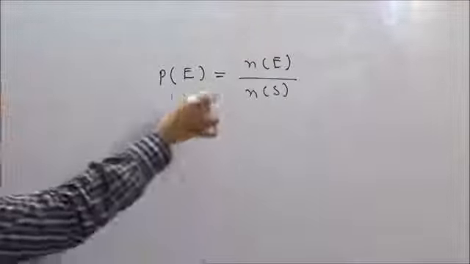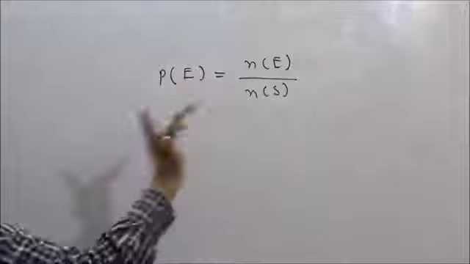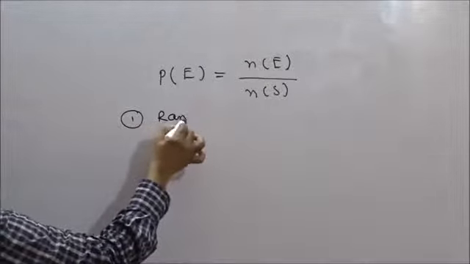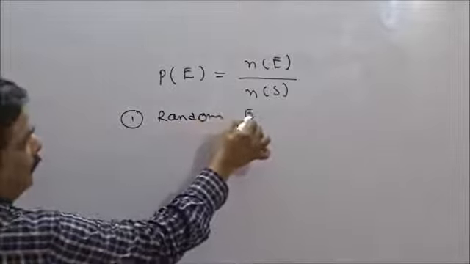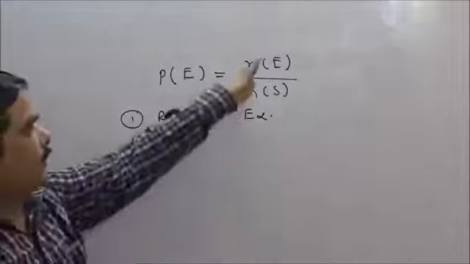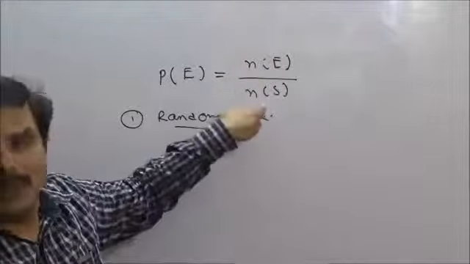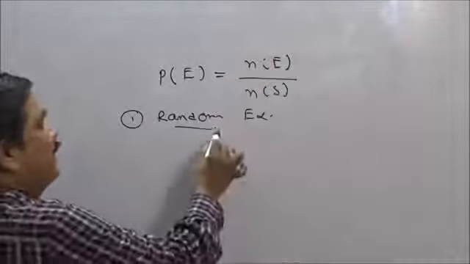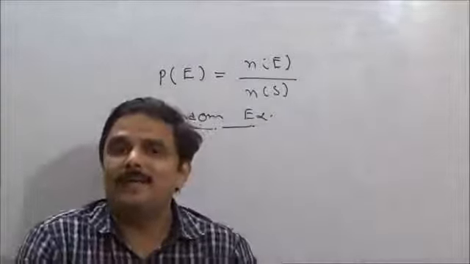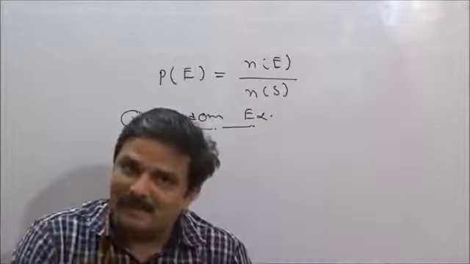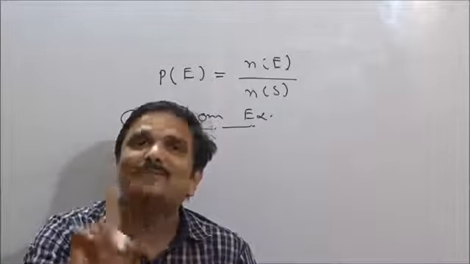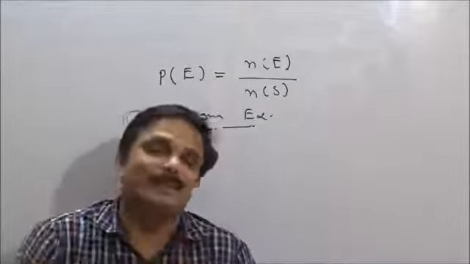Apart from this, they generally use the word experiment, random experiment. Let us start with this one, then after that I'll explain these two slowly also. See, random experiment is nothing but an experiment which is conducted repeatedly but doesn't give the same result. No unique result will be there.